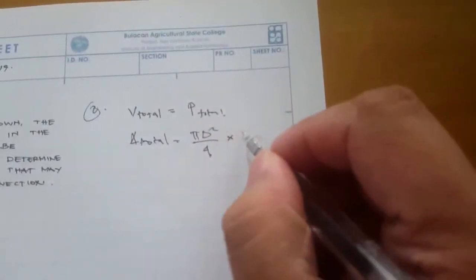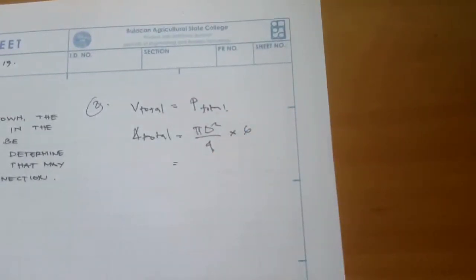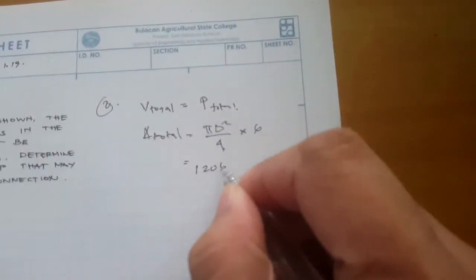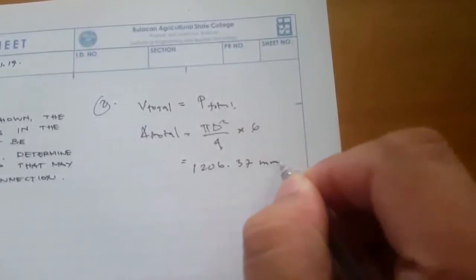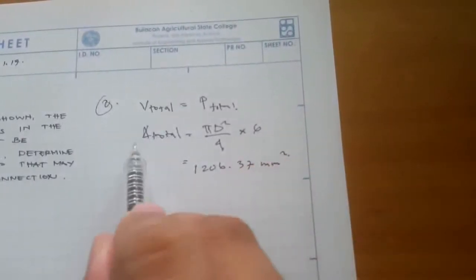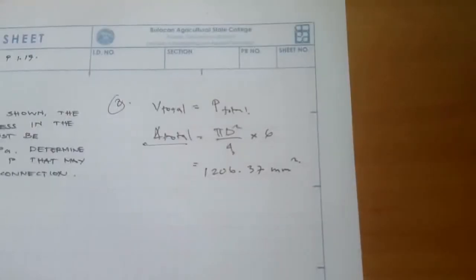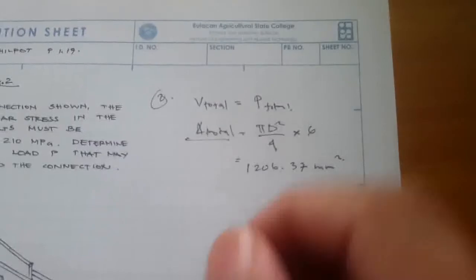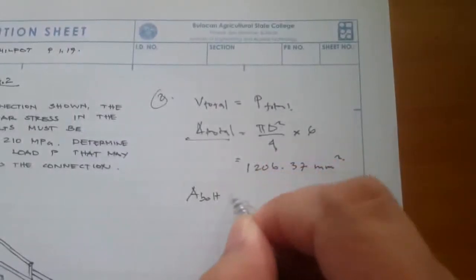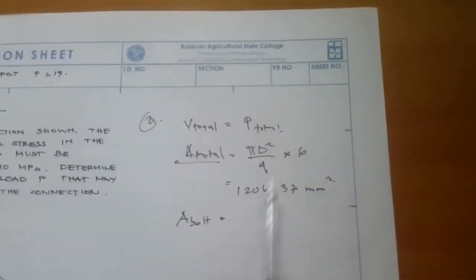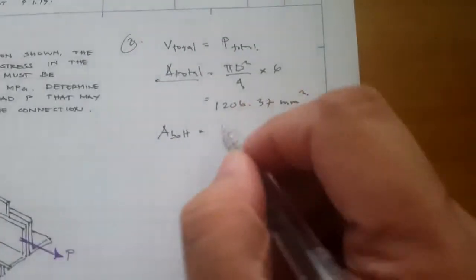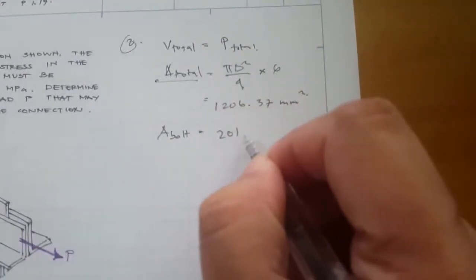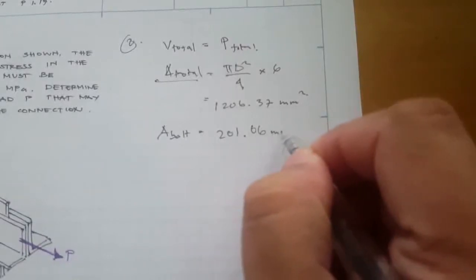So let's just write times 6. And this is 1206.37 mm squared. So that's the total area. But if we only want the area of the bolt, then this is just pi d squared over 4, or you could just divide this by 6. This is 201.06 mm squared.